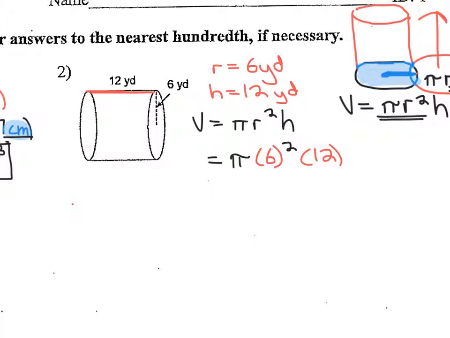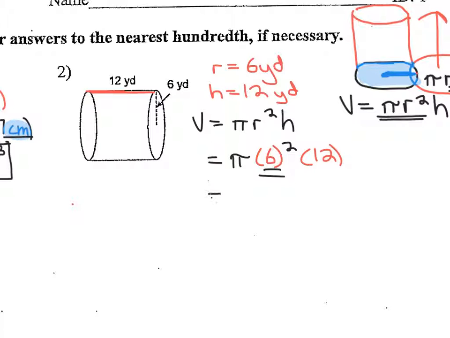Notice that I did not write down my units when I plugged in my numbers, and we still have to remember to put them on at the end, but we don't have to write the units every single time, and units is just what we measure in. So on your calculator, go ahead and multiply pi times 6 squared, so 36, times 12.